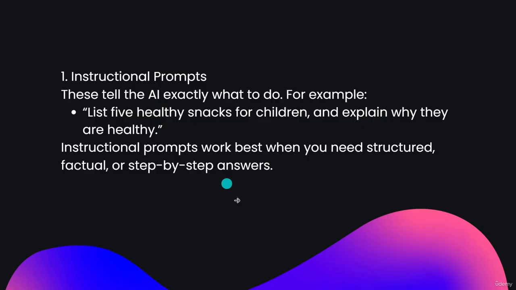From the name itself we can understand that it is an instructional prompt, because we have to give some instruction to the AI model to get an output. So when will instructional prompts work better? When you need structured, factual, or step-by-step answers.